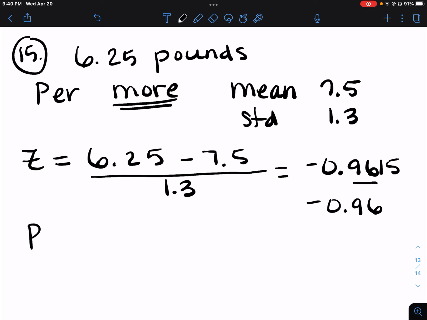So we're finding the probability z is greater than because it said more. Because it said greater than, we're going to do 1 minus.